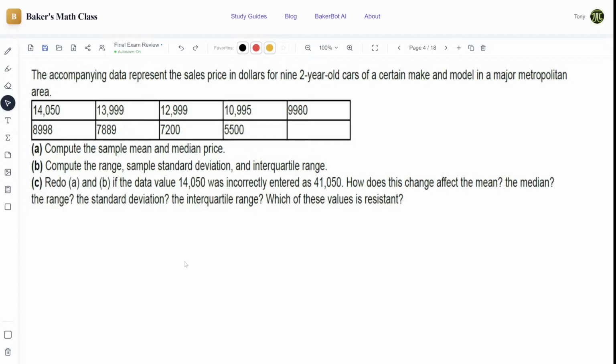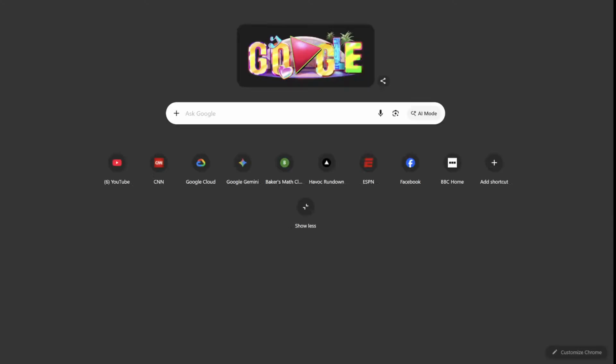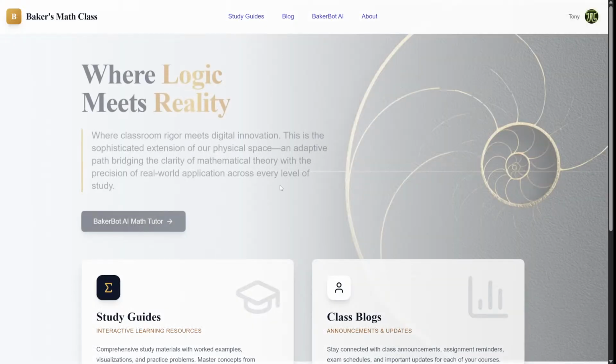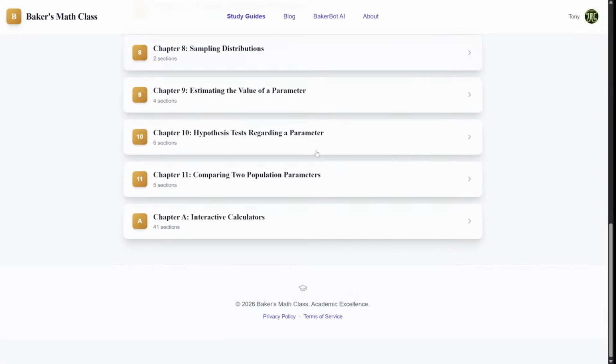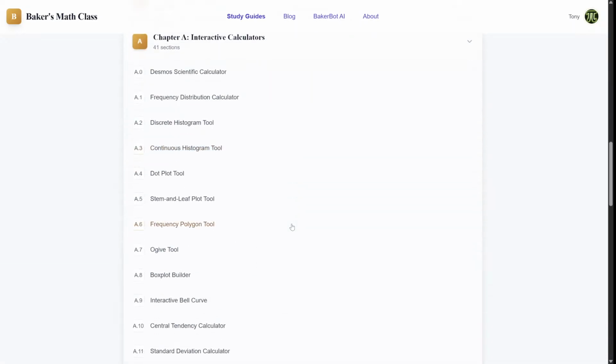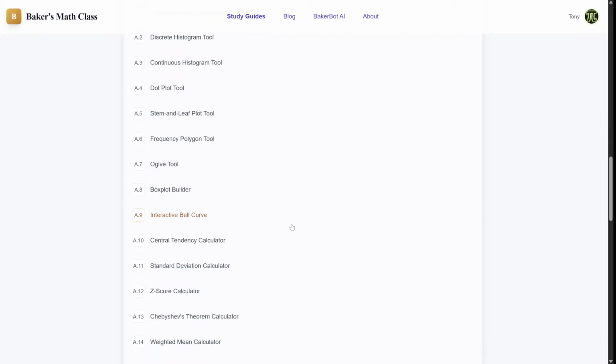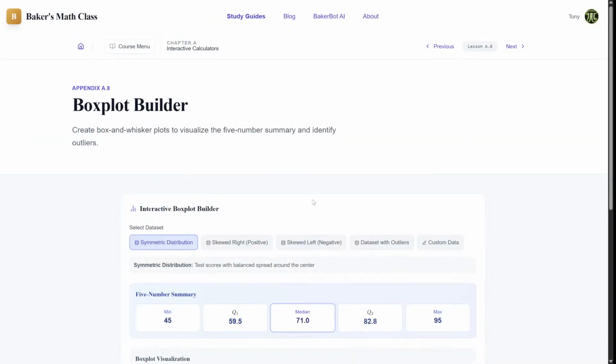So this one, you're going to calculate the mean, median, range, sample standard deviation, and interquartile range. For this one, we do have calculators that you can use.